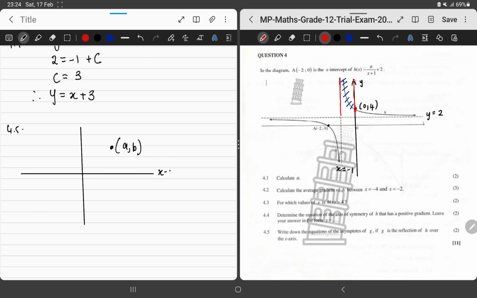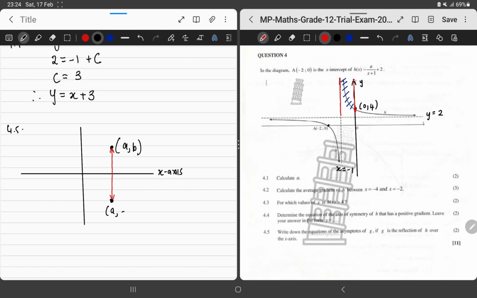This is the x-axis line. Now, I want you to imagine that I am reflecting this point over that line, and then that point is now going to be there. The value of a will not change because I am reflecting it across. I'm not moving the graph to the left or to the right. I'm just moving it across the x-axis.